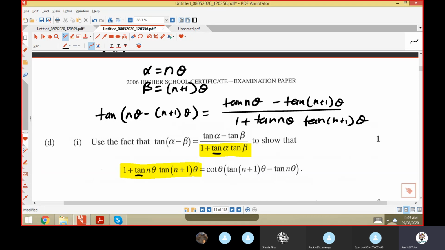The hardest thing would have, again, I think it was Shania that said it, was asking, what do I like? Look, you have this, you need this, and the biggest giveaway is the fact that it says 1 plus. Otherwise, you can see there's no cot. So that looks tricky to a lot of students. So don't look at the cot. Look at the things that are the same. To some, they would have said alpha is n plus 1 theta, because that looks the same.